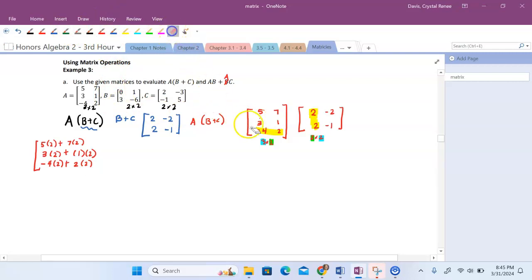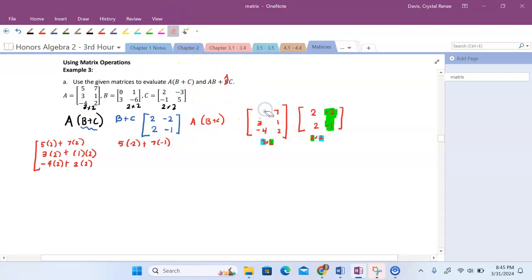Now I'm going to go to the second column of my second matrix. I'm going to start with my first row, so it's 5 times -2 plus 7 times -1.